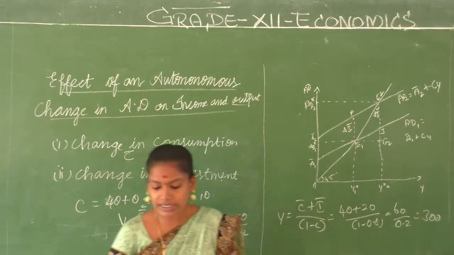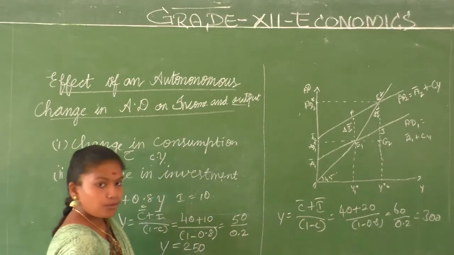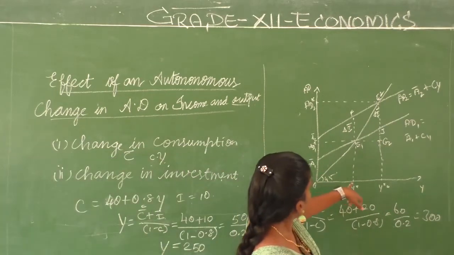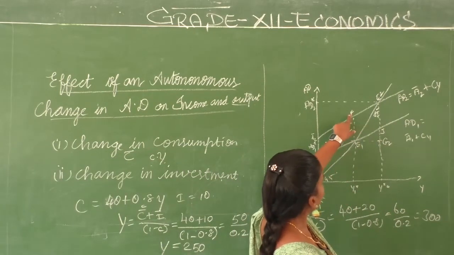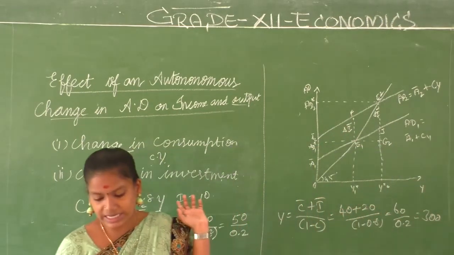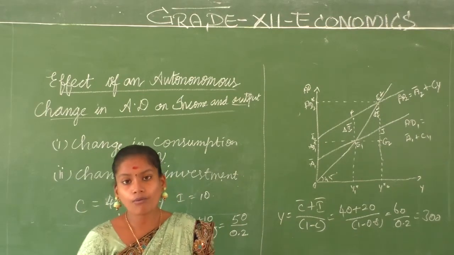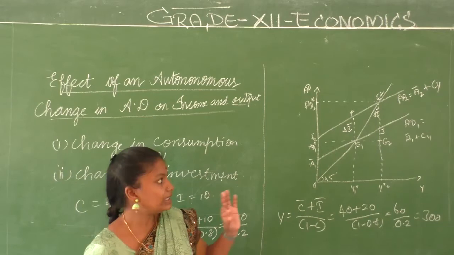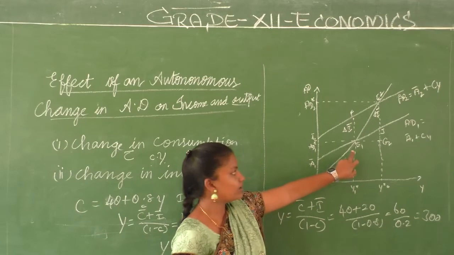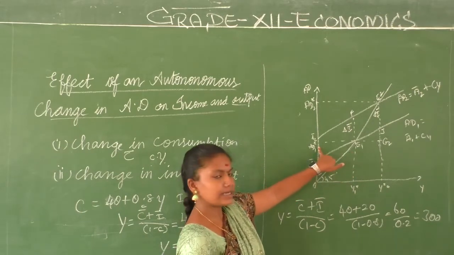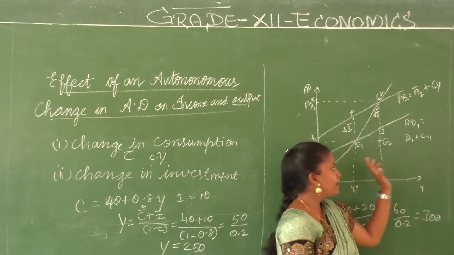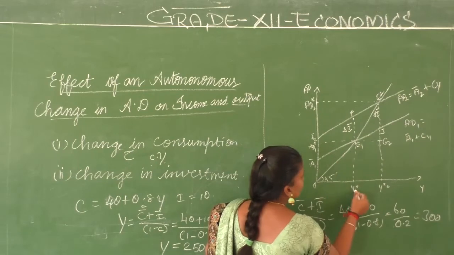The value of aggregate demand of output, that is Y1 dash, with this you find Y1, that is AD2's curve, which is greater than the value of output. Y1 is equal to Y1, E1. This is the equilibrium point, children. Where is E1? Here we have E1. AD1 is the aggregate demand, and here the supply.